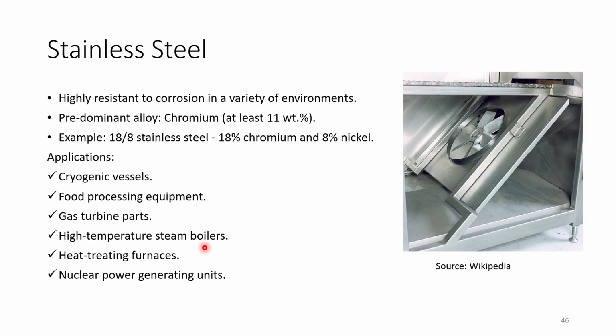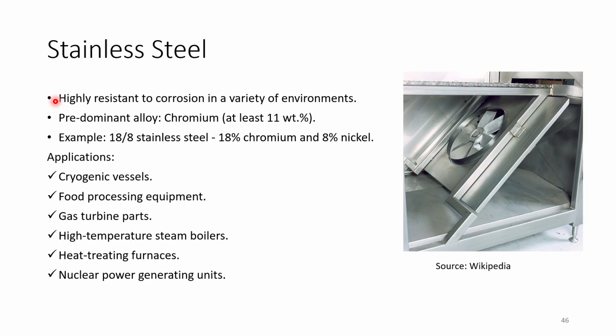Now stainless steel is highly resistant to corrosion in a variety of environments, and the predominant alloying element is chromium, which is at least 11 weight%. An example is 18-8 stainless steel, in which you have 18% chromium and 8% nickel.